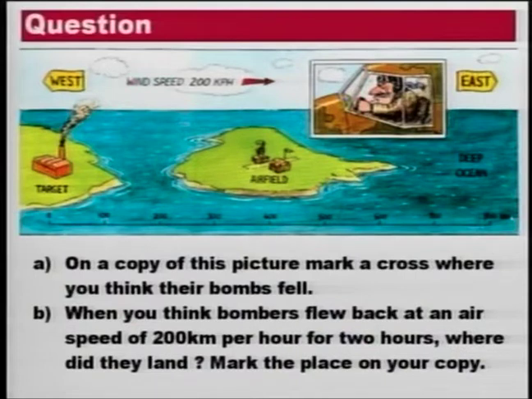Where do you think the bomb will be dropped? That's number one. The second question: after they drop their bomb, they have to fly back another 2 hours at a speed of 200 kilometers per hour. Where will they land? How much time? 9 minutes.